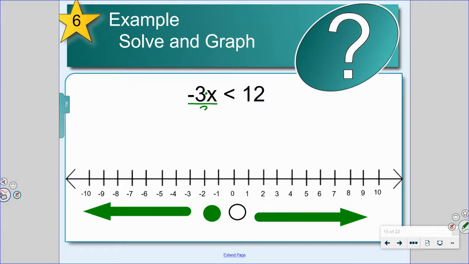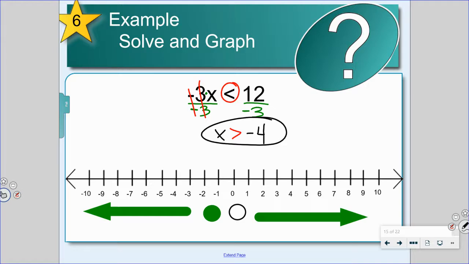The inverse of multiply is to split it up or divide, but notice that if we just do that, it'll say the opposite of x, and who wants to know the opposite? So let's divide by not just a 3, let's divide by negative 3. As soon as I see divided by a negative number, that flips the inequality sign around. 12 divided by negative 3 is negative 4.